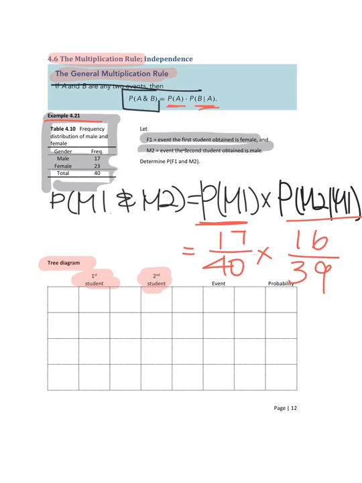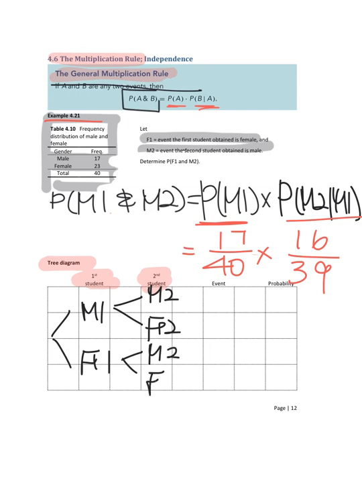So here is male 1 and female 1, M1 or F1. Case by case, we are going to have M2 or F2. So now you can understand the meaning of M, F, 1 or 2. Again, after we choose female for the first one, for the second one it can be M2 or F2.